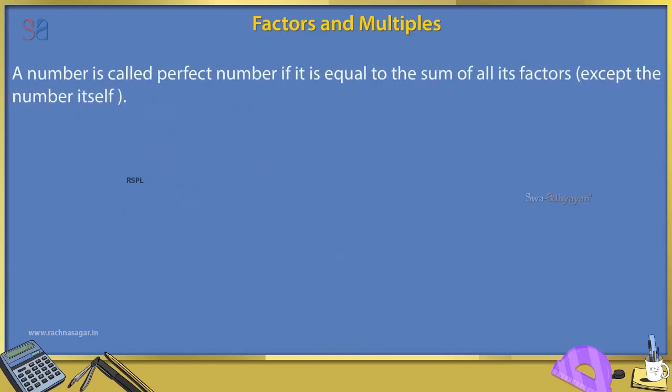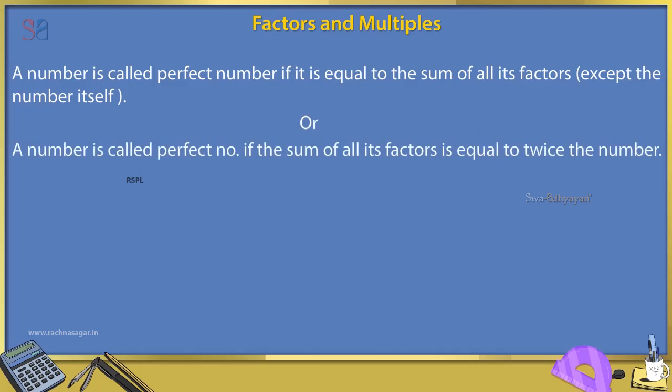A number is called a perfect number if it is equal to the sum of all its factors, except the number itself. Or, a number is called a perfect number if the sum of all its factors is equal to twice the number.